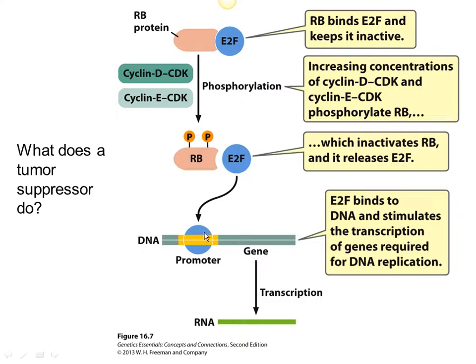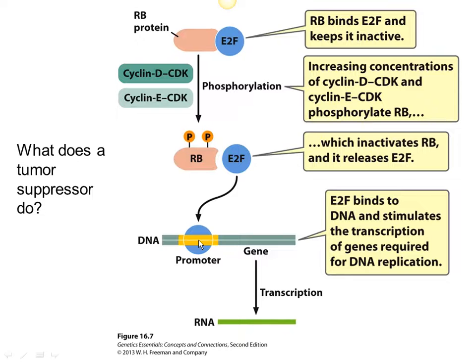Then E2F is released, and it activates transcription of genes needed for S phase. So this is all the proper functioning of retinoblastoma. When the cell is not ready to go into S phase, the retinoblastoma holds on to E2F. When the cell is ready to move on into S phase, the retinoblastoma protein releases E2F and things proceed.